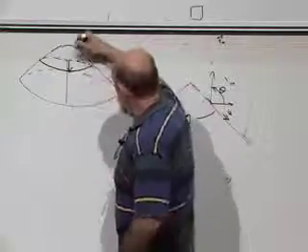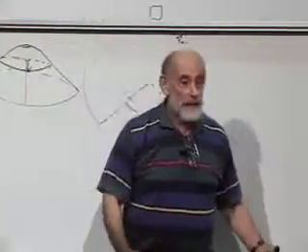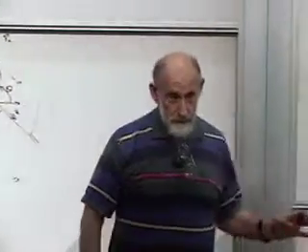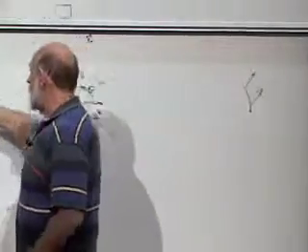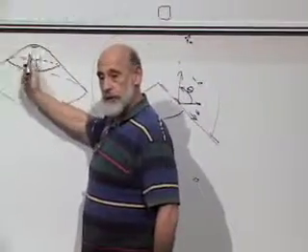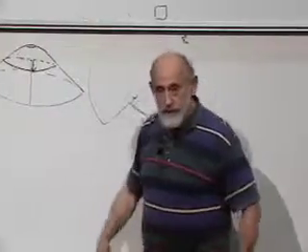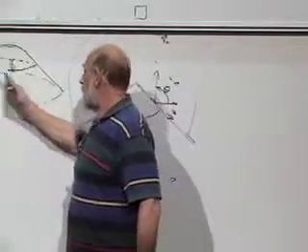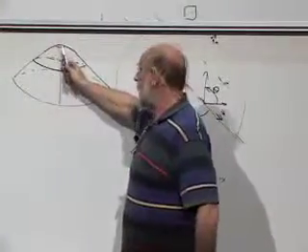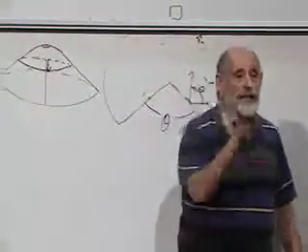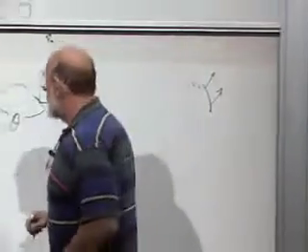However, supposing I go around the curve very close to the top here, then I'll get a different answer than on the cone. In fact, I'll get a much smaller angle at the top of the cone here than if I go around here. Somehow this operation of going around this particular curve has located the fact that there's some curvature in there, but it hasn't told me the details.